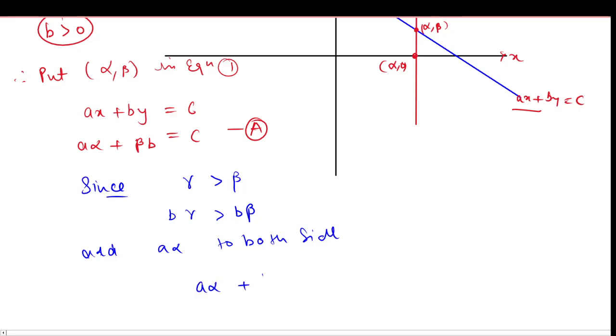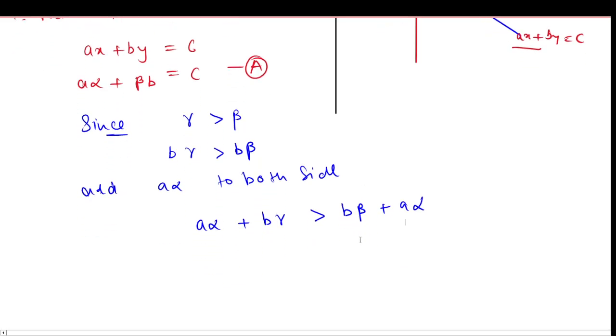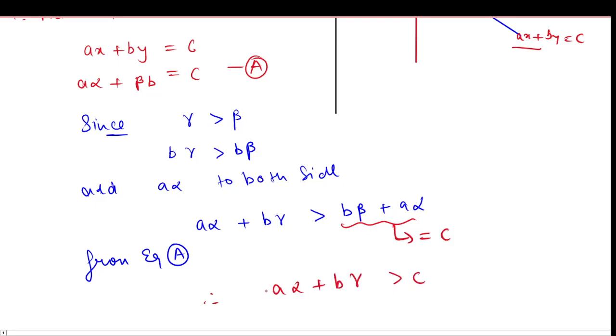So a alpha plus b gamma is greater than b beta plus a alpha. And from equation A, this is equal to c. So we can say a alpha plus b gamma is greater than c.